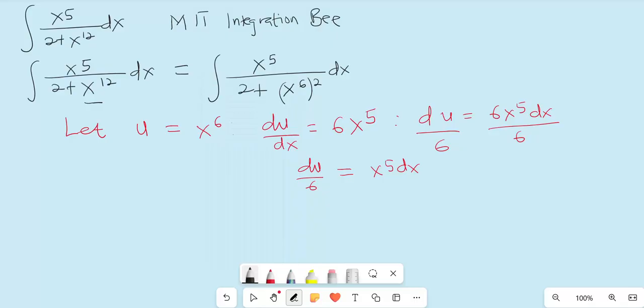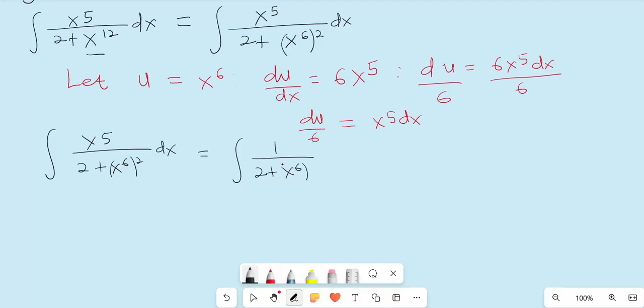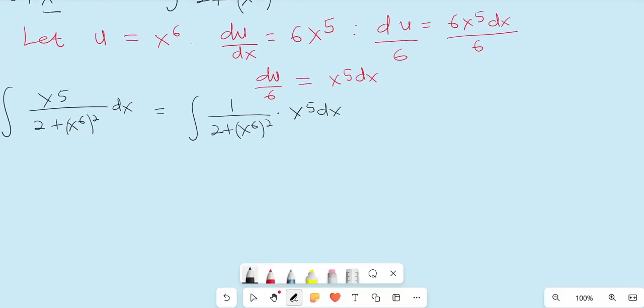Now, our integral of x to the 5 over 2 plus x to the 6 squared dx can be written as the integral of 1 over 2 plus x to the 6 squared times x to the 5 dx. So we can take everything from the x world into the u world.